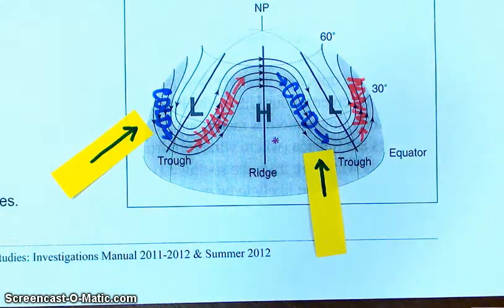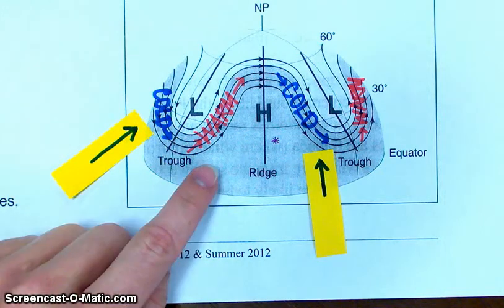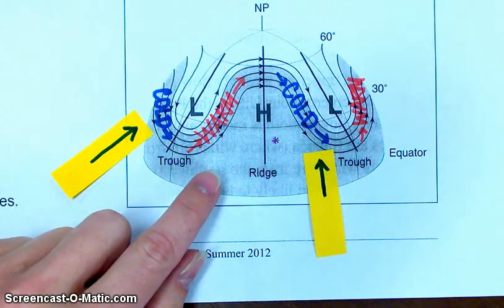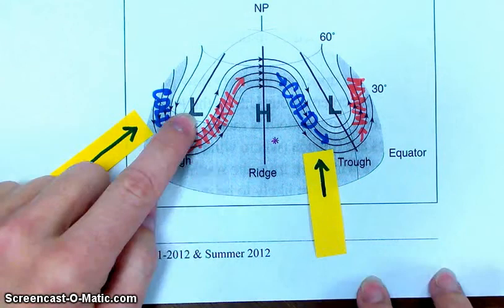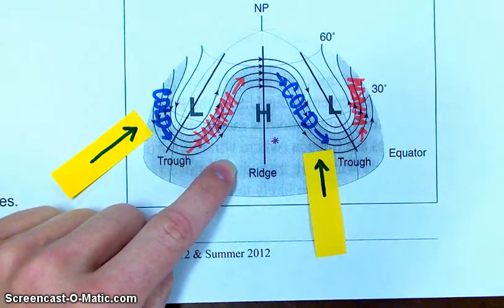Number 3. Upper air winds steer low pressure systems as well as air masses. So if you had a surface low that is centered to the east of a trough line and the west of a ridge line, that surface low will be expected to move which way? Let's just pretend we had a surface low pressure system, one of those little L's that you would see on the weather map, not the same L as over here, but a surface low pressure.